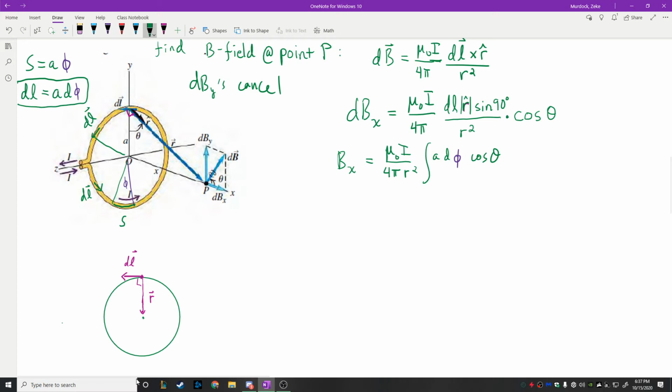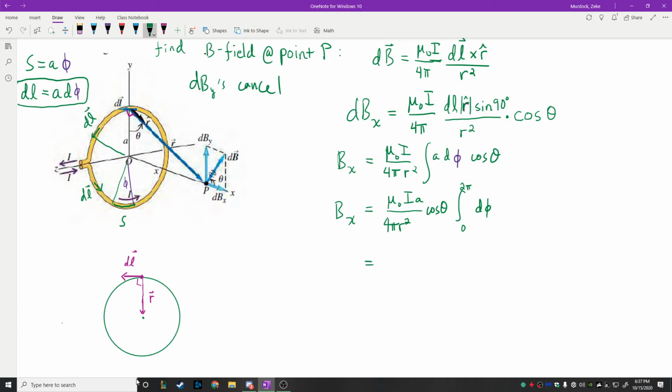But, yeah, so cosine theta is not a variable, right? This is also a constant. a is a constant. So really, we don't even have to do the integral here, at least not one that's very hard. So we end up getting mu naught I divided by, there's an a right here, there's still a 4 pi r squared, there's a cosine theta, and then that's all multiplied by the integral of d phi. We'll just integrate this all the way around the circle from 0 to 2 pi.